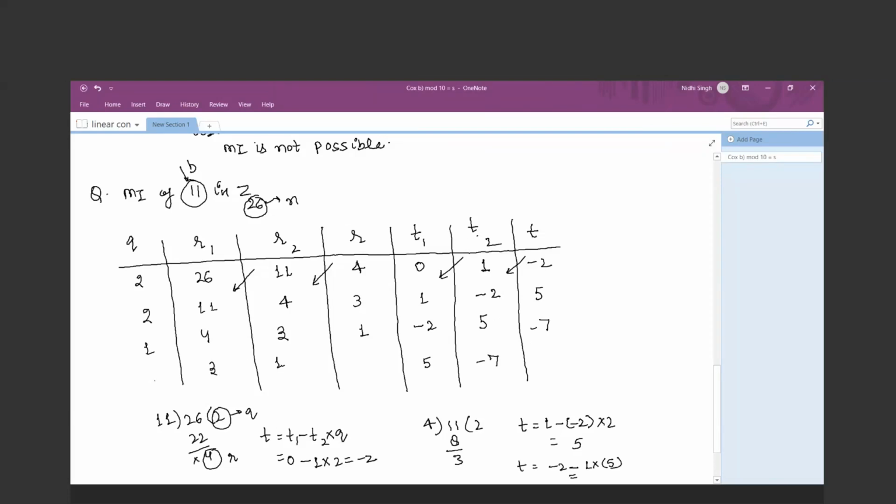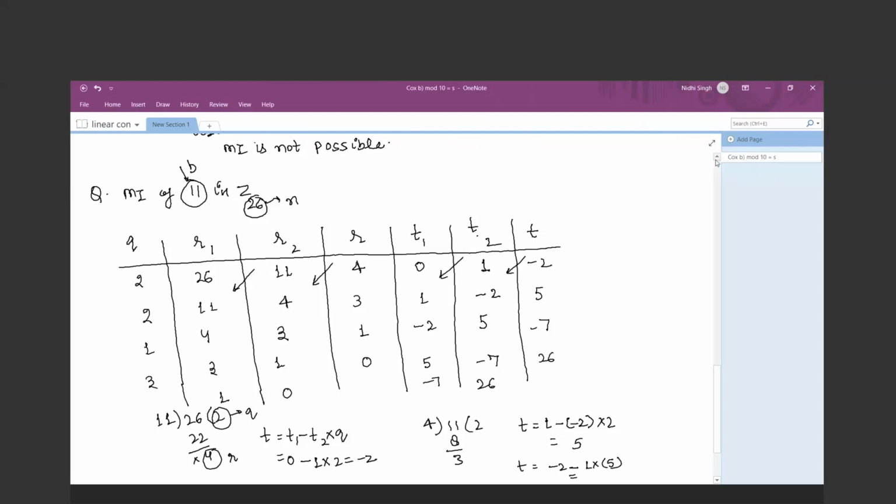Now it will be 3 and the remainder will be 0, and in that case the value of t will be 26. Now updation, so here 0 and -7 and 26. Now the condition is terminated because R2 is equal to 0 and my loop will remain sustained only when R2 is greater than 0.